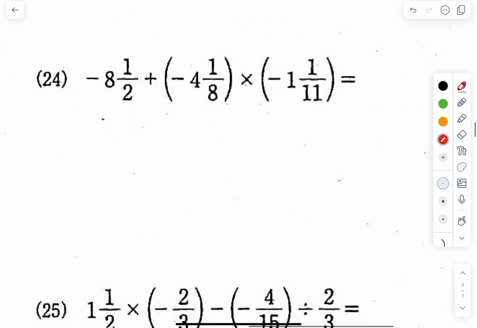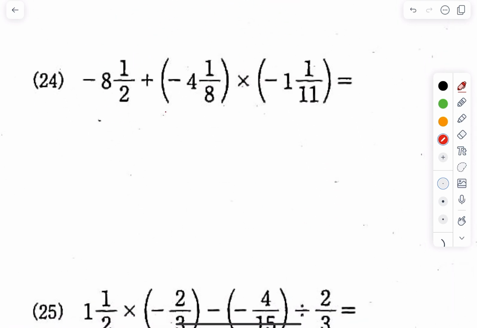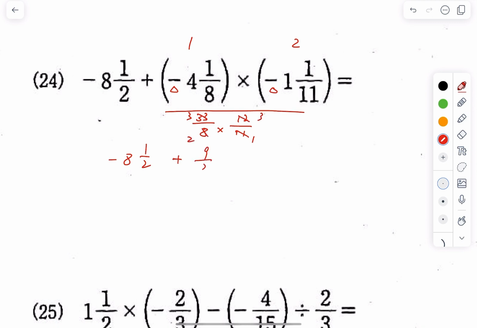All right, question number 24. Order of operation again. I used the multiplication first. Negative and negative, the answer is positive. So I can rewrite this as negative 8 and 1 over 8, plus whatever answer I get from here. I need to convert 33 over 8, multiply by 11 over 12. That gives 9 over 2, which is plus 4 and 1 over 2.